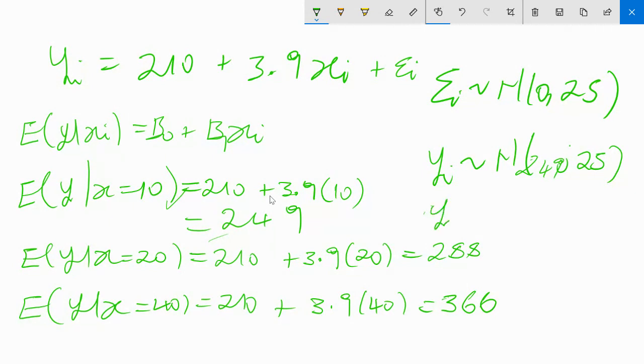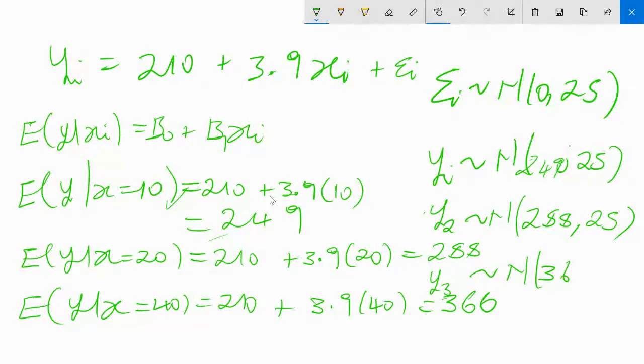The second one, y2, is also normally distributed with a mean of 288 and a variance of 25. The last one, y3, is also normally distributed with a mean of 366 and a variance of 25. So those are the distributions of y for the given three values of x.